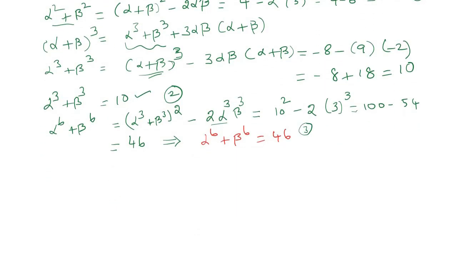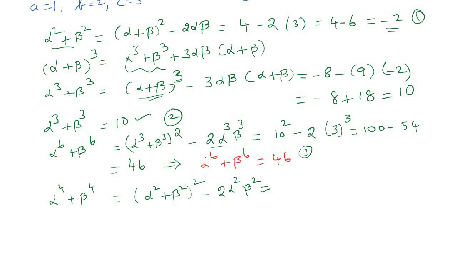Now let us find out what alpha to the power of 4 plus beta to the power of 4 will be. This is nothing but (alpha square plus beta square) the whole square minus 2 alpha square beta square. So alpha square plus beta square is minus 2, the whole square is 4, minus 2 into (alpha beta) the whole square, which is 3 square.